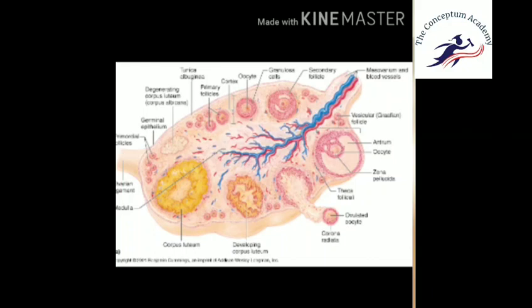The part closer to the ovary is the funnel-shaped infundibulum. This is the point we have to always remember for the exams. The edges of the infundibulum possess finger-like projections called fimbriae, which help in collection of the ovum after ovulation.